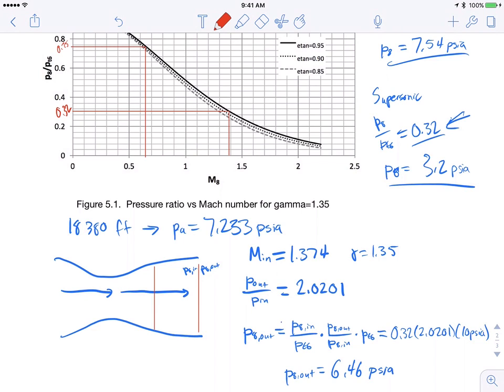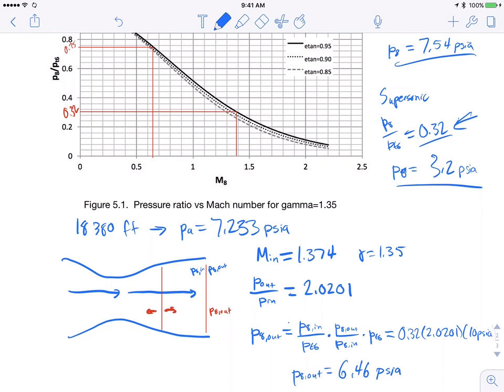This can actually be an iterative process, because what we'll have to do is guess the area ratio where this normal shock is occurring, and then calculate the resulting P8 out and see if it agrees with ambient conditions. And if it doesn't, then we would have to move our normal shock upstream or downstream, reevaluate the exit pressure once again, and see if it lines up better with the ambient conditions.